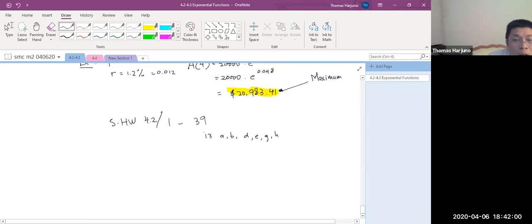But for number 13, just do part of that. You can also skip number 25 and number 27. You can skip that, but the rest you can do already.